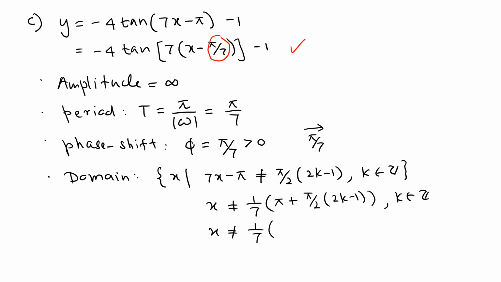If you go with that argument, you can say this is pi over 14 times (4k minus 1), and k is an integer. So that is the domain: x such that x is not equal to this.